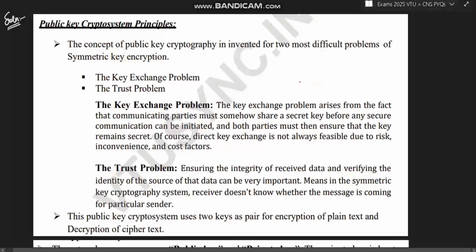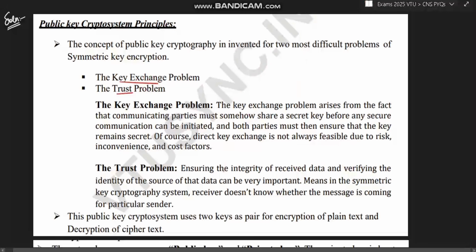So that is not feasible. The other option is that both the sender and the receiver have keys, and once the box reaches the receiver they can open it. But since the keys open the box directly, anyone can make a duplicate and keep it with them, and open it in the middle of the path. That is also not secure. So key exchange is not possible. That's the one problem.